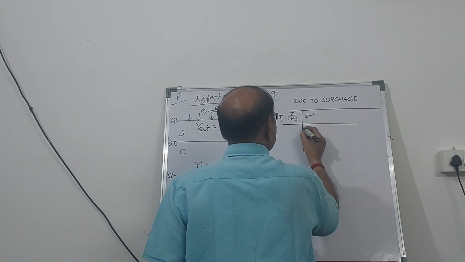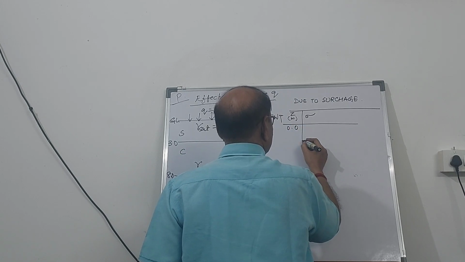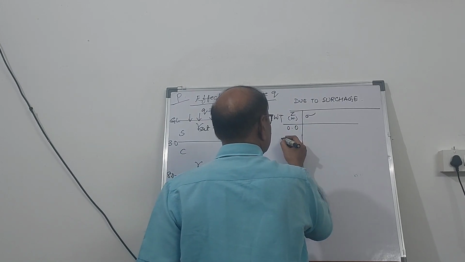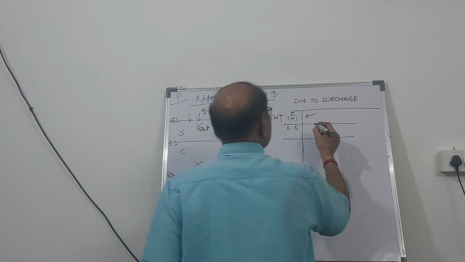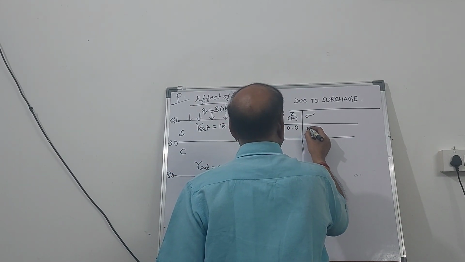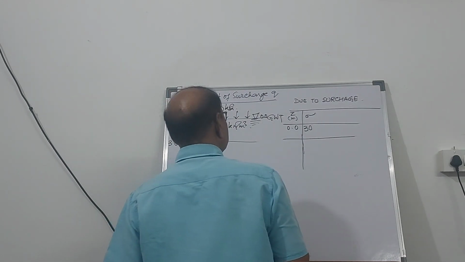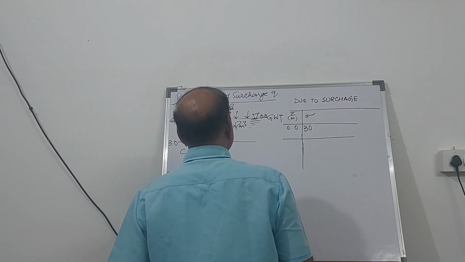what is the value of total pressure? So at 0 meter, the value of sigma, the total pressure, is going to be 30 kilopascal.